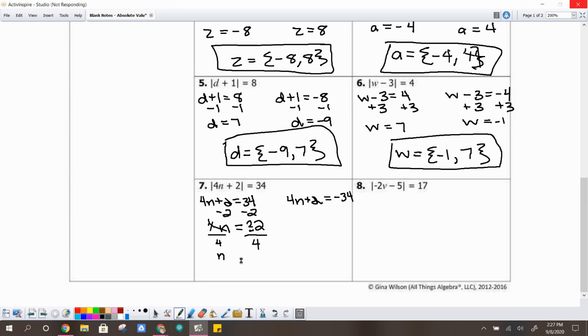And then for the right part, we're going to go ahead and solve that. Same steps as we did here. But now we're going to have a different final answer. So we want to subtract 2.